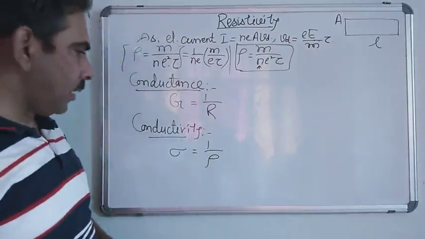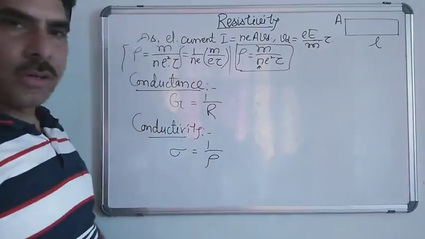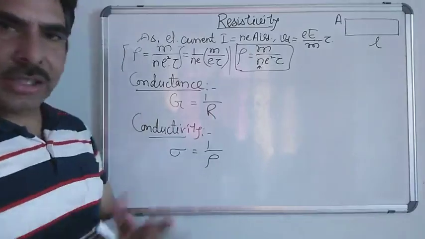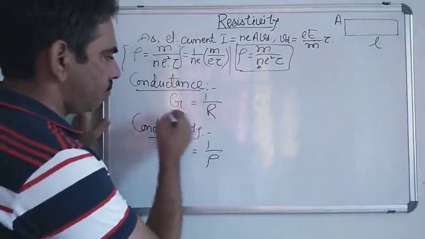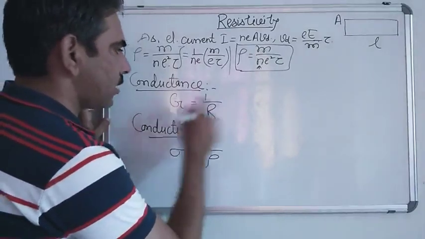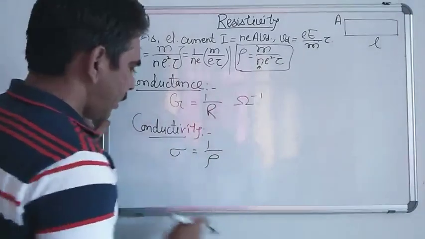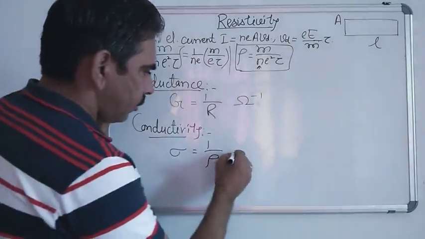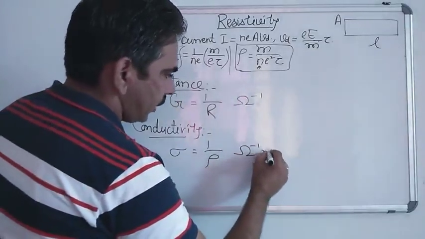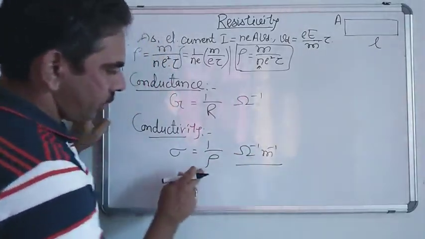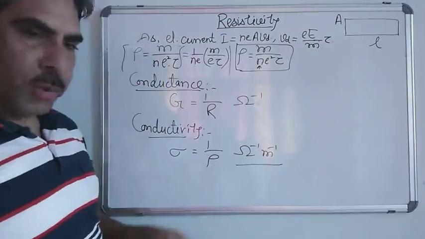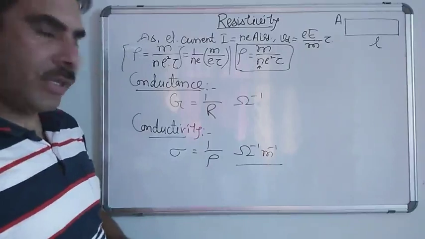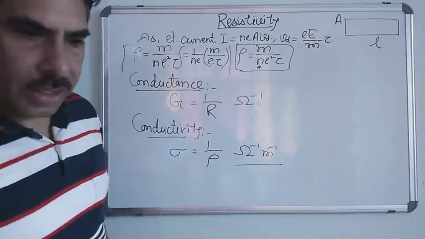These are simple terms, but they are important because they depend upon the resistance and resistivity of any material or conductor. The units for conductance are per ohm, and for conductivity they are per ohm per meter, because the units for resistivity are ohm meter and conductivity is the reciprocal of resistivity.